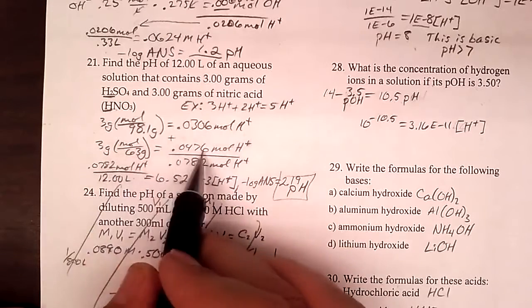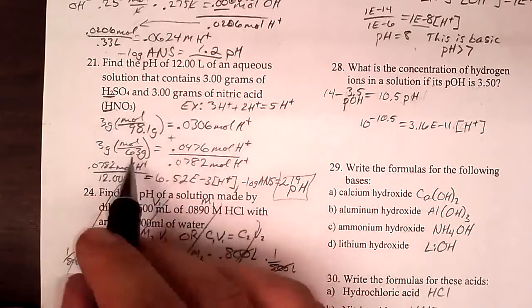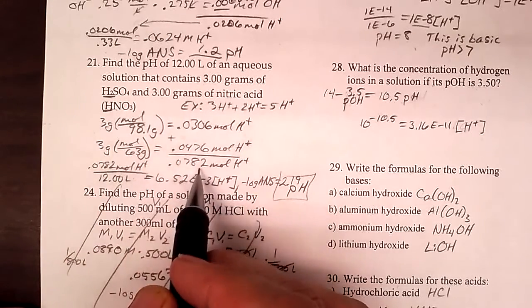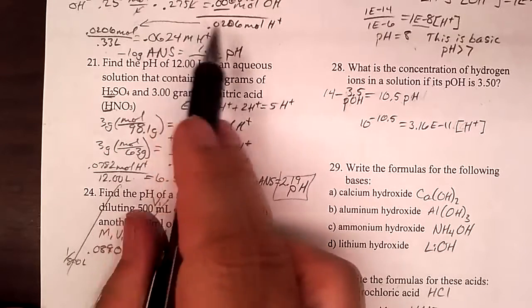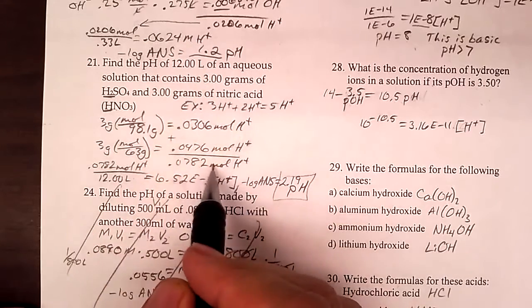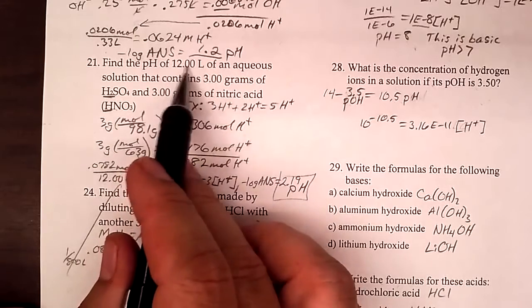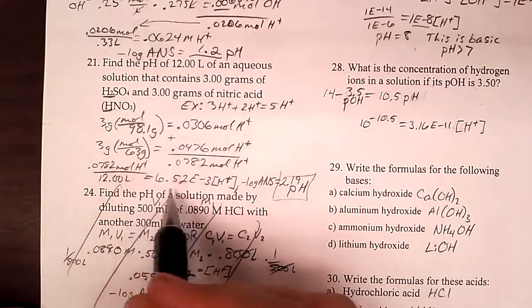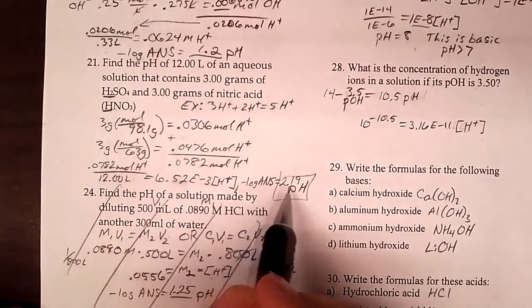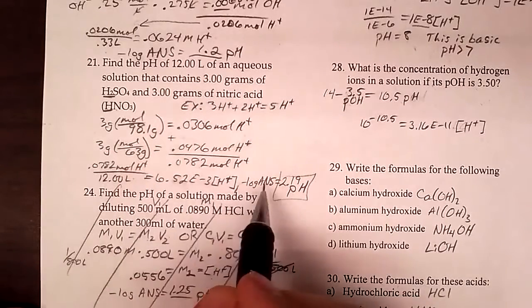And then I'm going to do the same thing for the moles of the nitric acid. And the H pluses just add up. And now I have moles of H plus because nothing cancels out. It's not like this one. And that moles is over the total liters. And we get a molarity, and pH is negative log of that number.